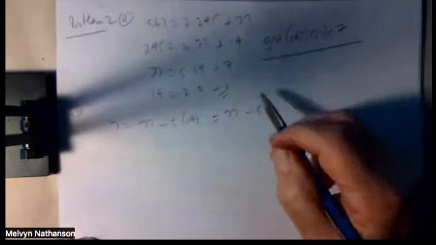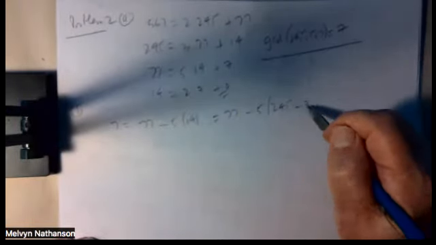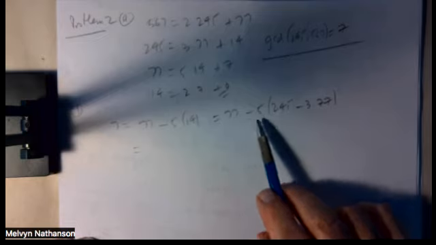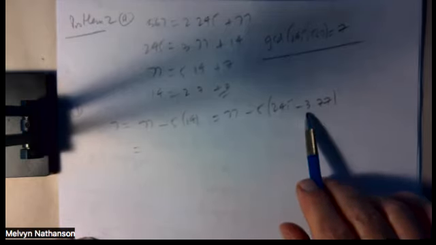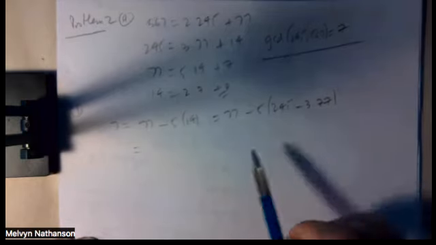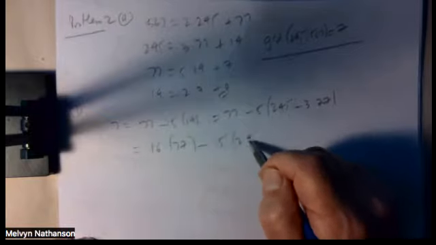According to this, 14 is 245 minus 3 times 77. So if you collect what you have here, you have 1 times 77 minus 5 times minus 3 is 15 times 77. So you have 16 times 77 minus 5 times 245.